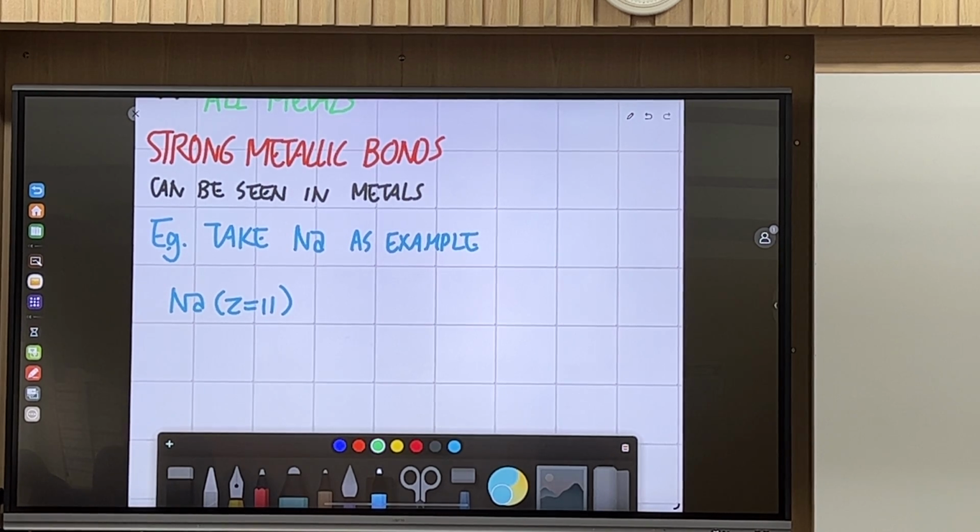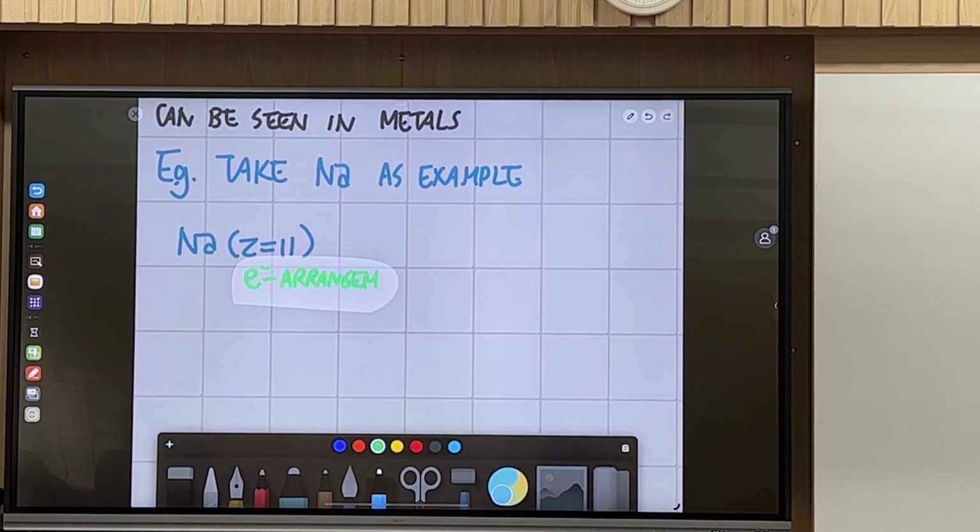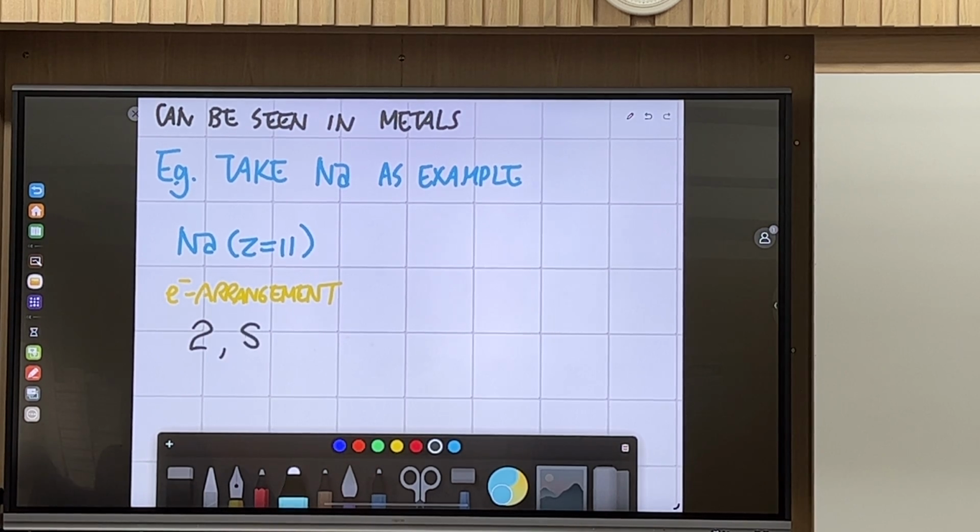So write down electron arrangement is 2, 8, 1, which means, is it stable or not stable currently? Not stable. Why is that? Yes, the outermost shell is not full. Very good.